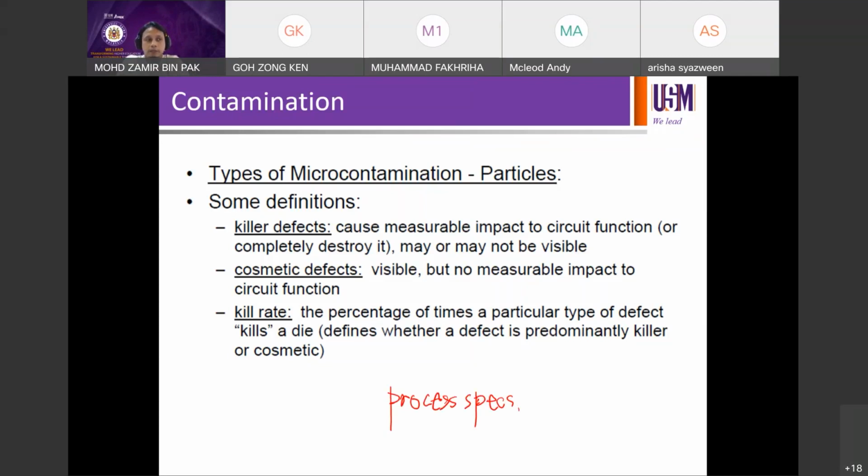So in this case, for example, if you talk about one process, say a diffusion process, and if you look at the specs, there will be specifications in that particular process that are related to particle control.